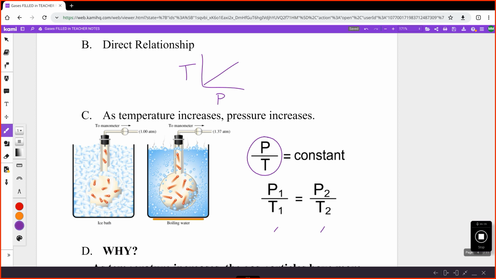The picture shows the tails, slow-moving molecules, ice bath, right? So cold, ice bath, slow-moving molecules, pressure of 1.00. Not a lot of force.